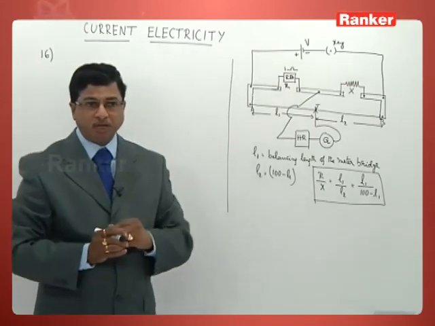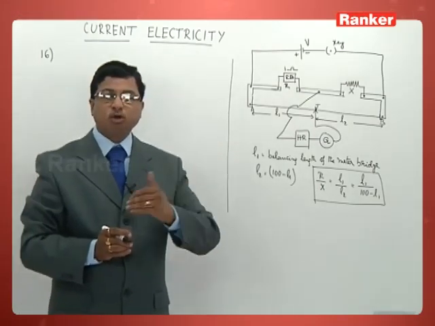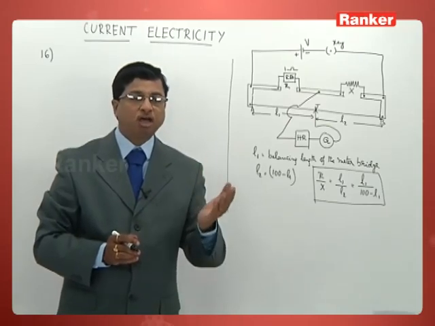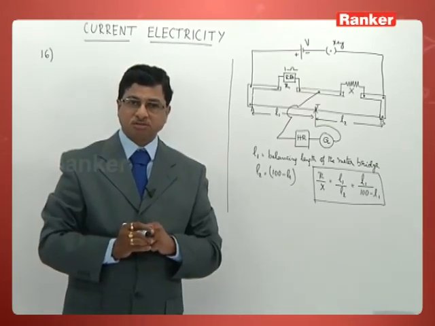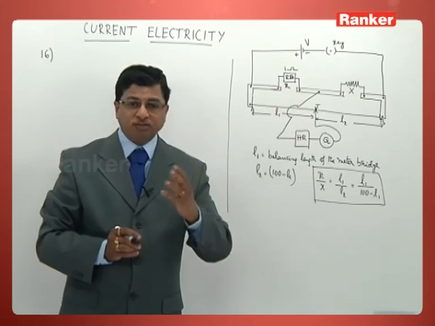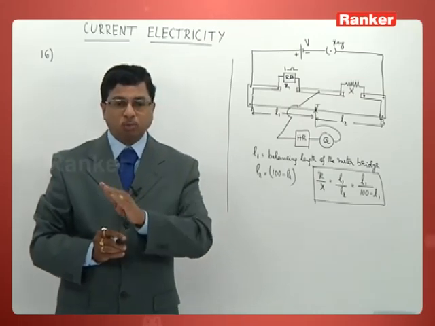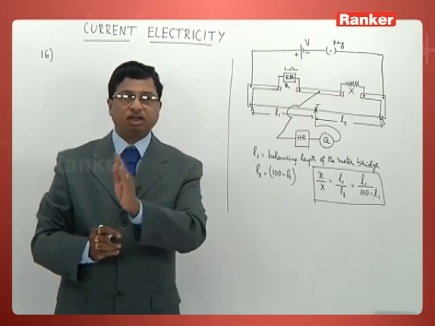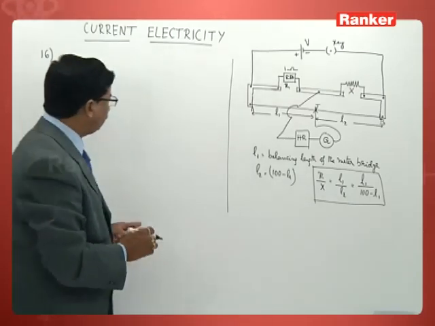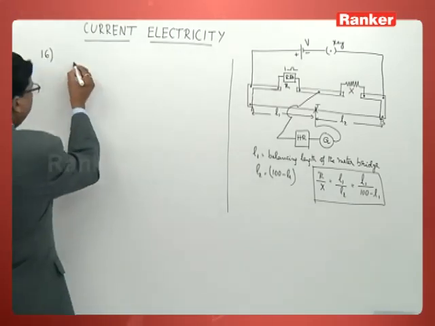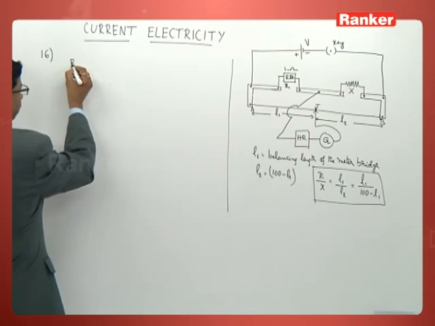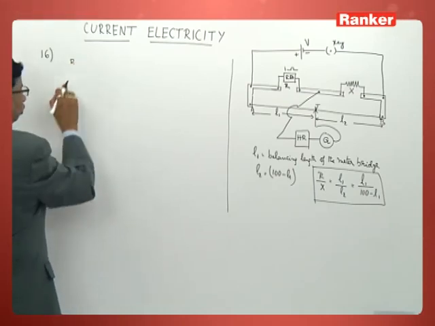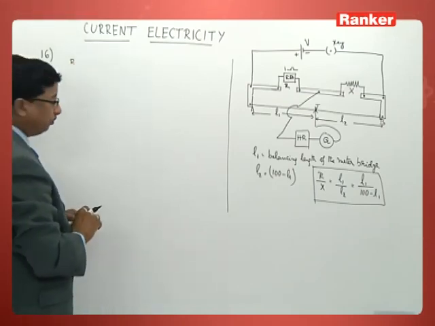I read out the problem now. A resistance of 2 ohm is connected across one gap of a meter bridge, and an unknown resistance greater than 2 ohm is connected across the other gap. So what you can understand here, towards your left, say for example, there is a resistance of 2 ohm connected.